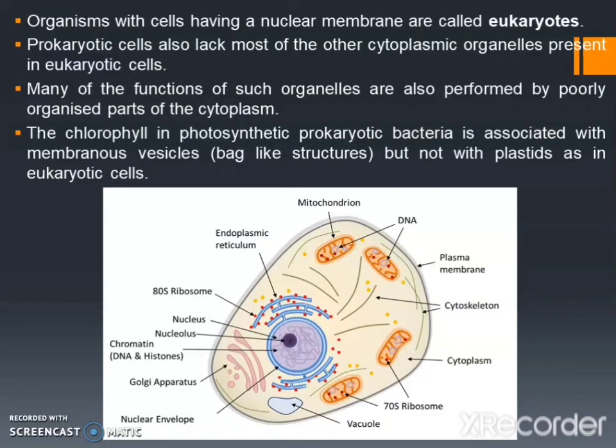Right? But in case of prokaryotes, it is not like that. They are just bag-like structures. Bag-like structures ആയിട്ട് അവരുടെ ശരീരത്തിൽ ഉണ്ടാവും. Okay, but in eukaryotes, it is with the plastid which forms the chloroplast.